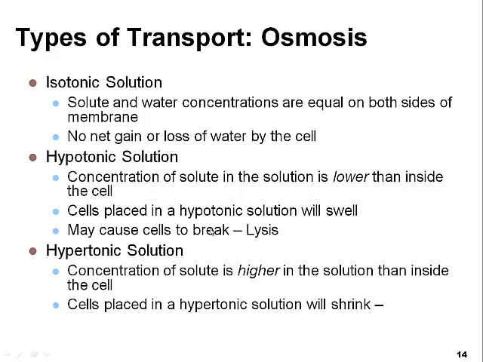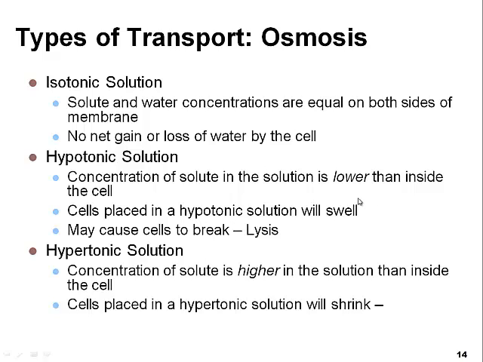And that means, as you can see here in this third bullet, the cell is going to swell and perhaps break. And we call that lysis. If it does break, then the cell would be lysing. It would undergo lysis and rupture as a result of the solvent, which is water, moving into the cell.